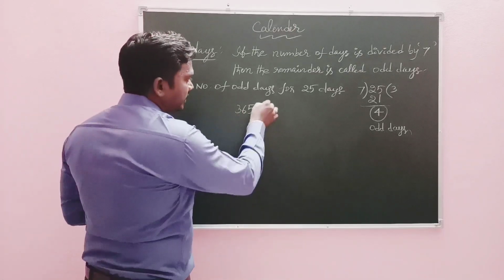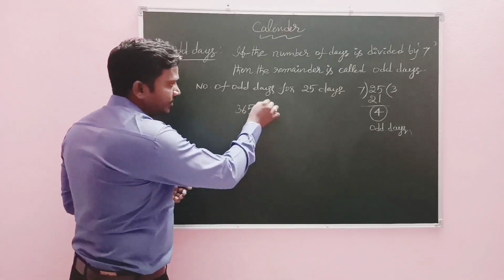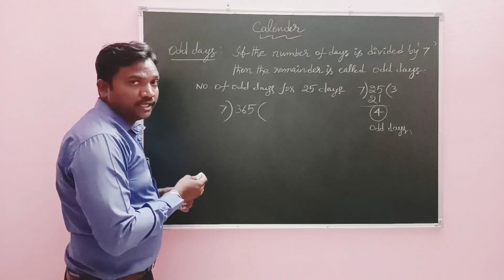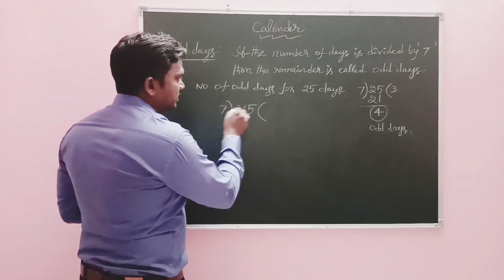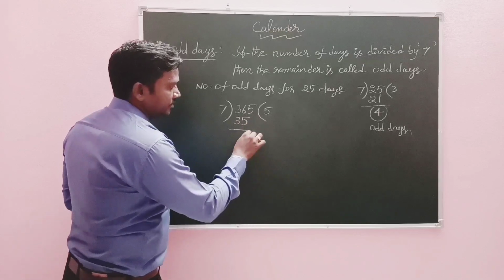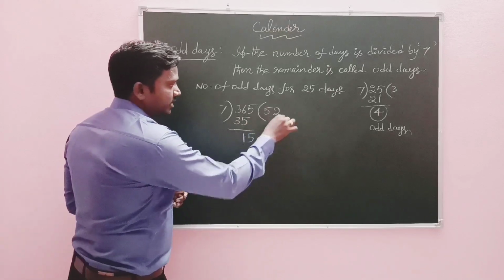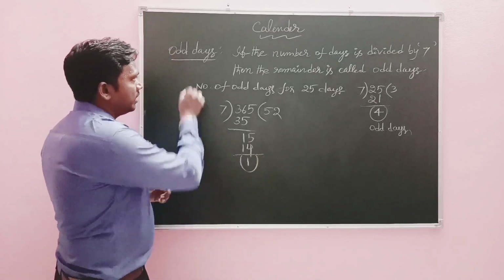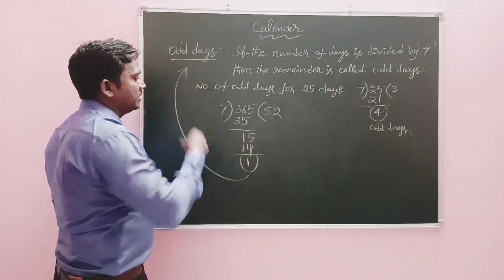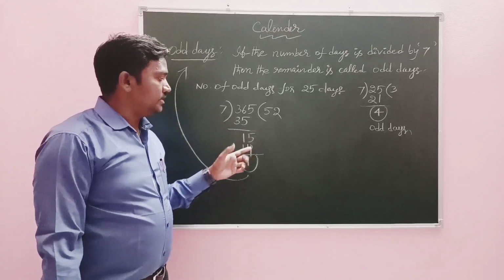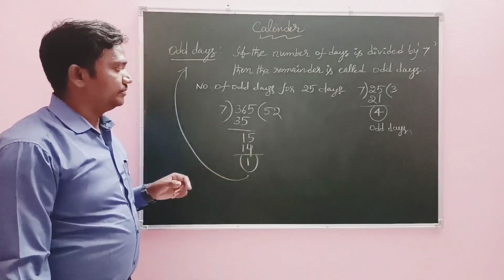So now divide this 365 by 7. Then we can get the number of odd days. 7 5s are 35, 15. 7 2s are 14. Here the remainder is 1. Here the number of odd days for the general year is nothing but 1.